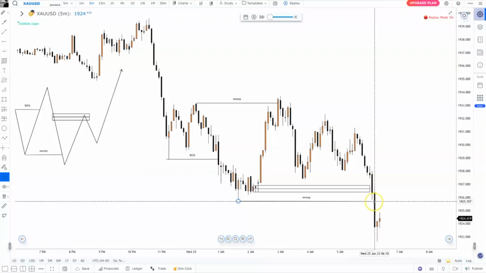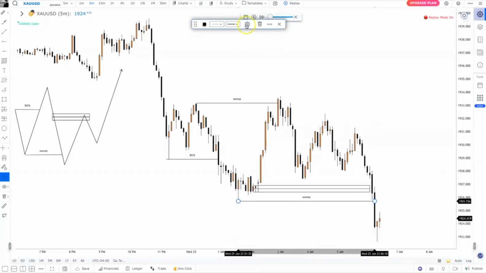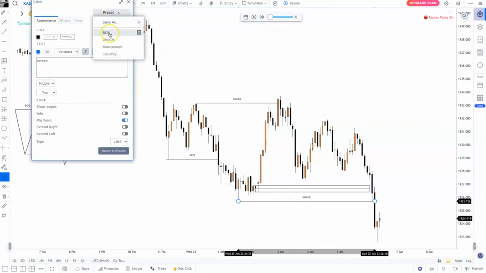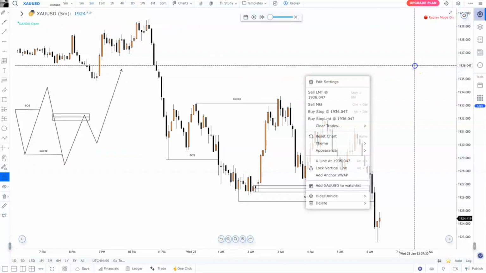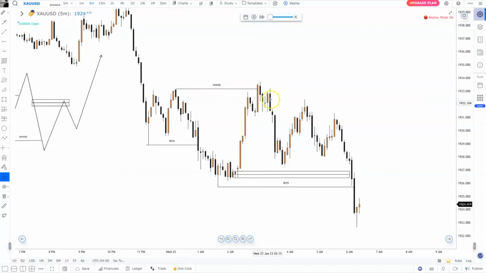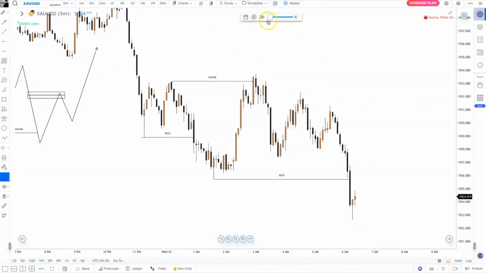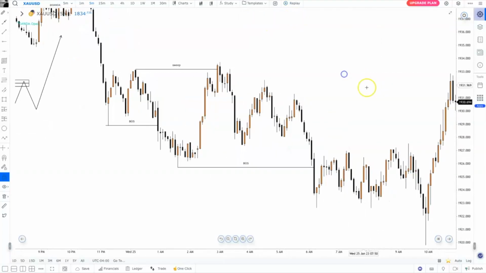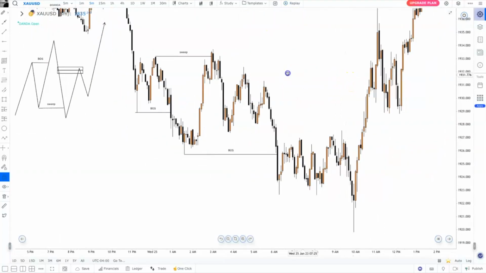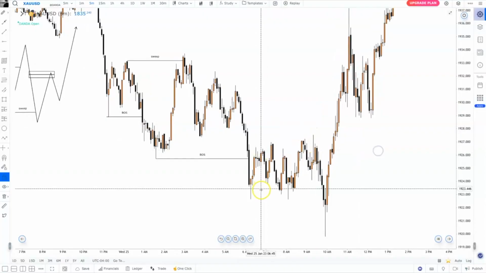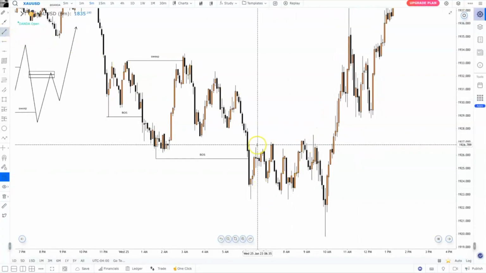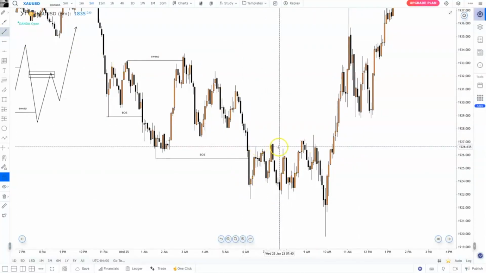Now this is my breakup structure. So this was just simply a sweep right there, a liquidity taking. From there, the market can do whatever it wants, if it's going to go up or down. Let's see from here, boom, it took this high.